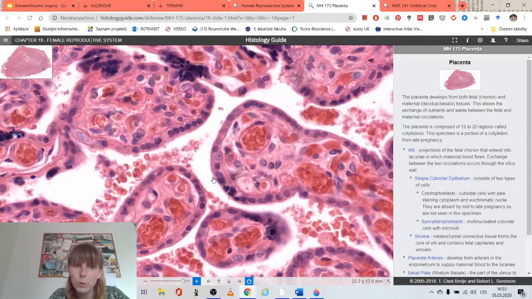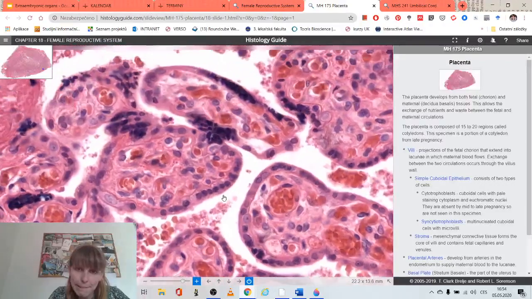So this would point us in the direction of this being third trimester, a late term placenta. And then we need to check the red blood cells, and here we see beautiful biconcave, ready to use erythrocytes. So this is for sure a placenta not from the first trimester but from later on.